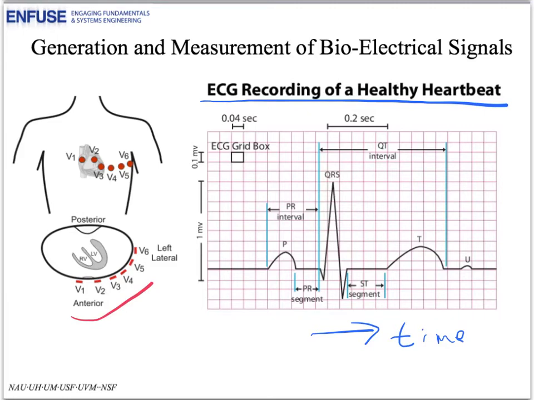So you can see some parts of the recording that are changing very quickly with time, and some parts that are changing more slowly with time. So these would be our high frequency components, and these would be our low frequency components. And the different regions of the waveform are related to different activities that are occurring within the body.